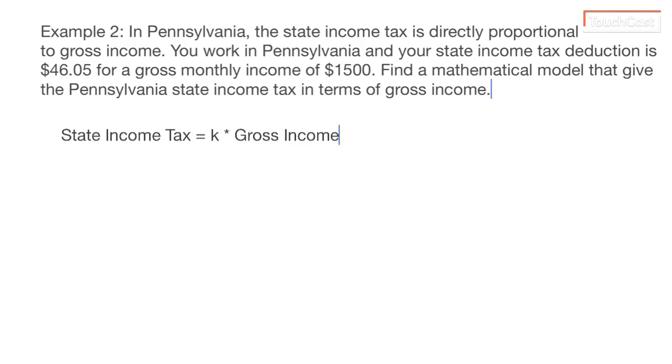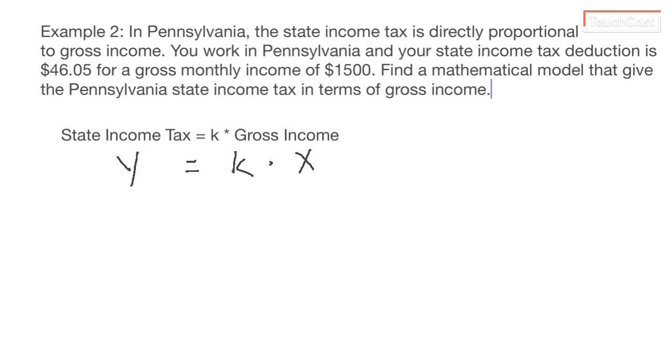Now, most mathematicians don't like to use long words in here, so we're going to change some of these words into variables. Let y represent our state income tax, and we'll let x represent the gross income, and this k value actually does represent something. It is the tax rate, the income tax rate. So y equals kx.